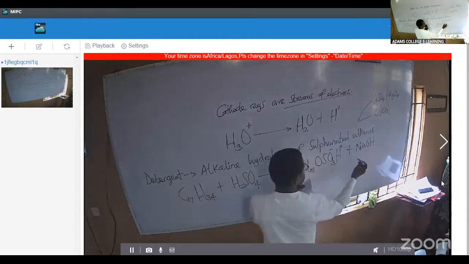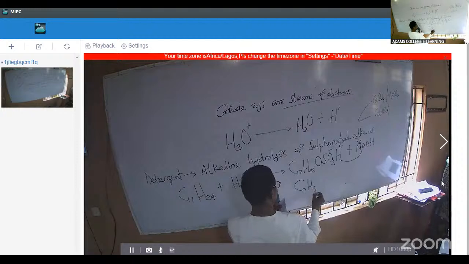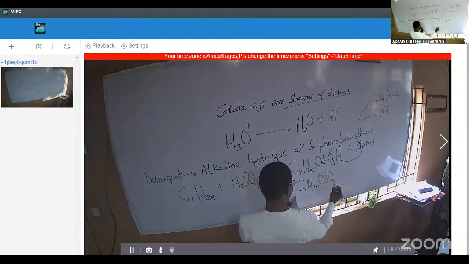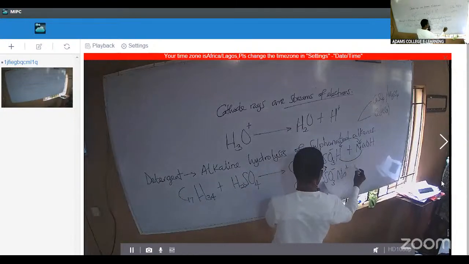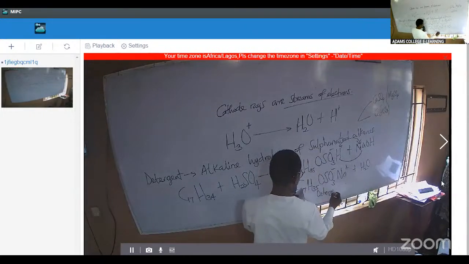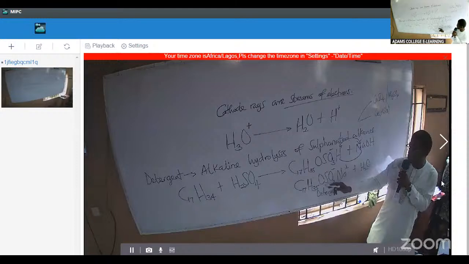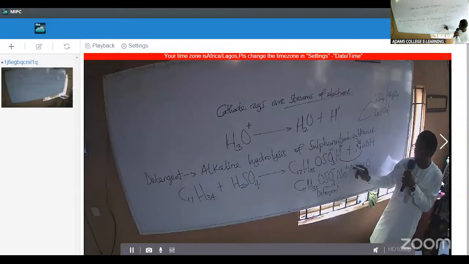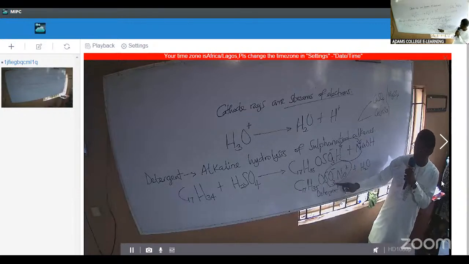Then we join this one, the hydrogen goes, and we now have C17H35OSO3 minus Na plus, plus H plus OH. What would that give you? H2O. This guy is called detergent. So what made it soluble in water? Na plus and SO3 minus. This ionic component is what made detergent water soluble.